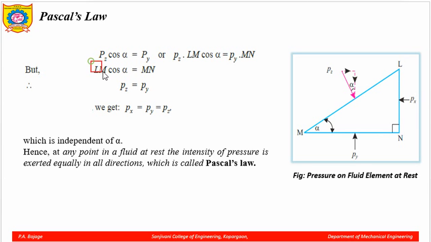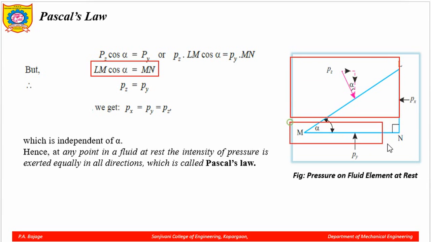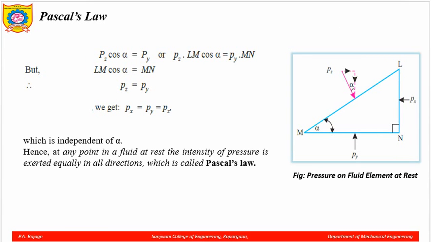Now, Lm cos alpha is equal to Mn. You can see from here, that is Lm cos of alpha is equal to Mn. So, they will cancel out. Now, pz is equal to py. So, we can write Lm cos of alpha is Pz, whereas py Mn is equal to Py.